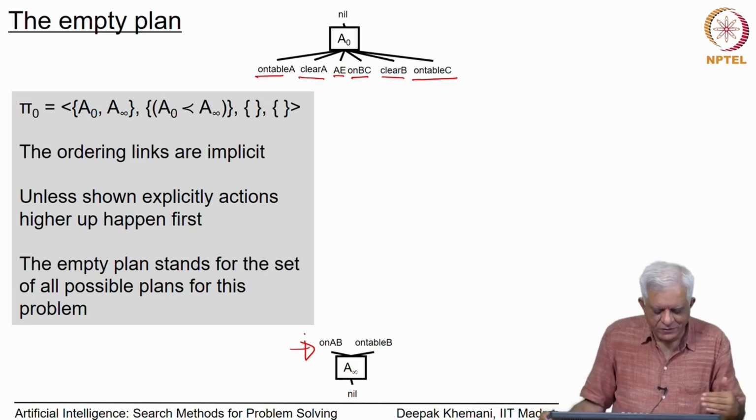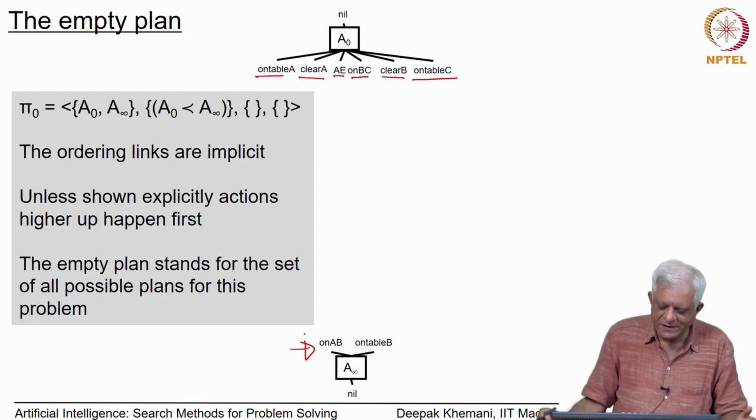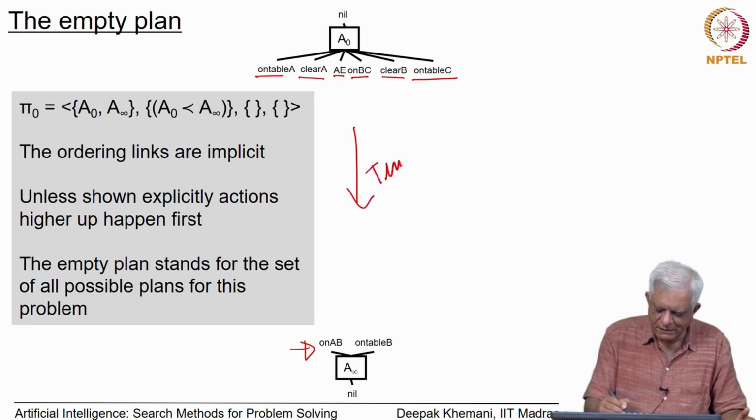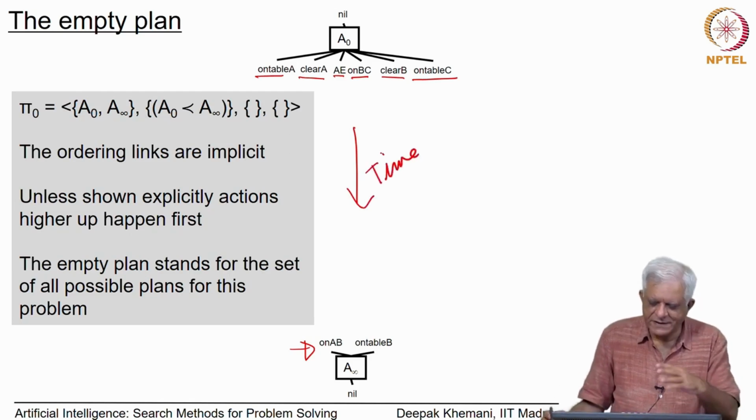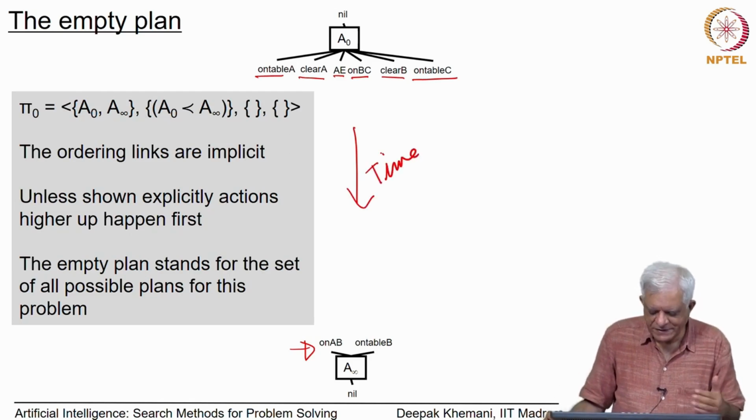Essentially, we will assume in the next few slides that unless shown explicitly, the actions which are higher up in the slide happen before actions which are lower down, which basically means that time is flowing from top to bottom. Any action which is higher happens first and any action which is lower happens later.